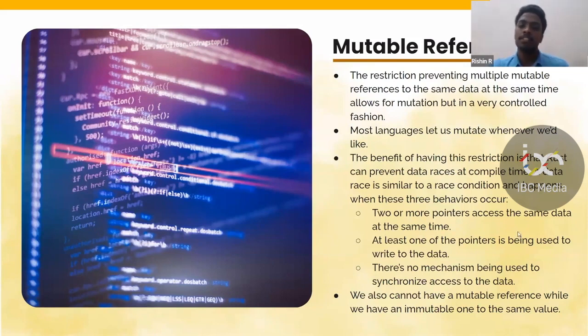Okay. So the benefit of having this restriction is that Rust can prevent data races at compile time. A data race is similar to the race condition that happens when two or more pointers try to access the same data at the same time, and at least one of the pointers is being used to write the data. So we also cannot have a mutable reference while we have an immutable one to the same value.